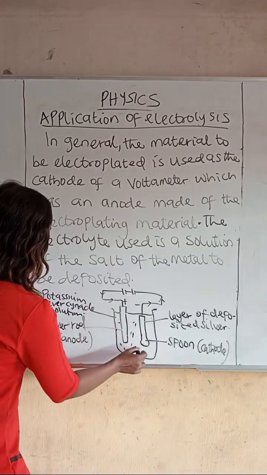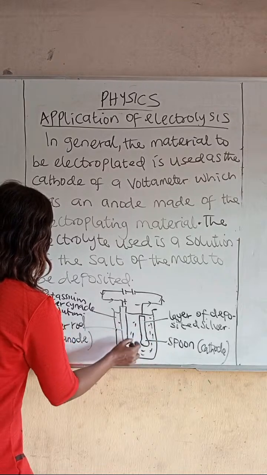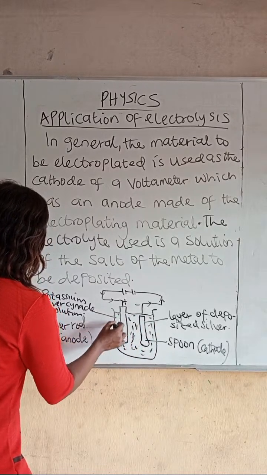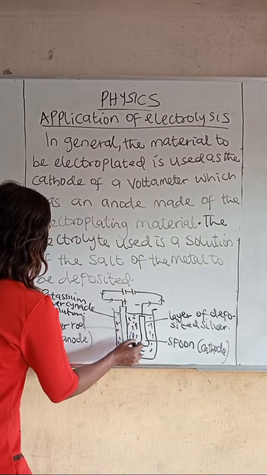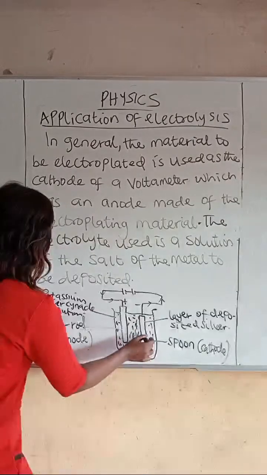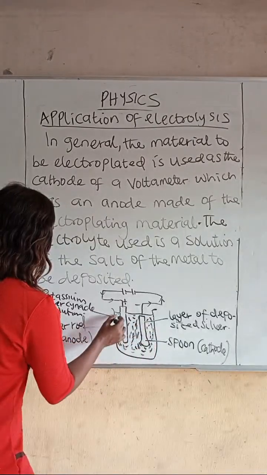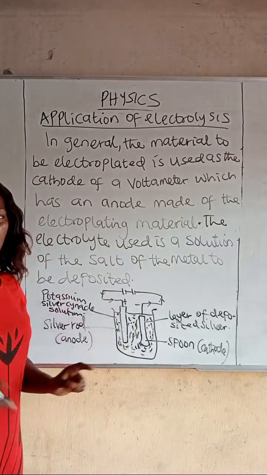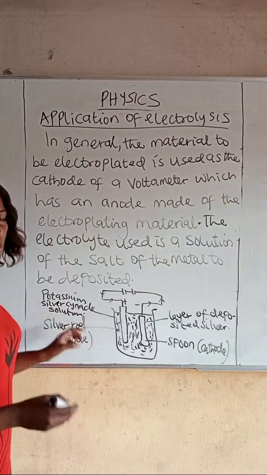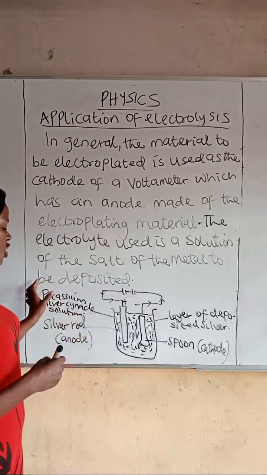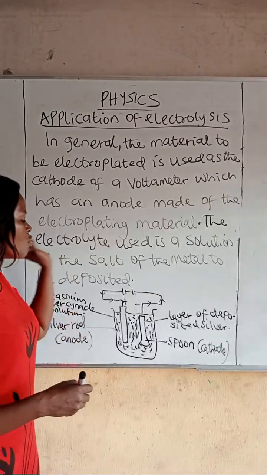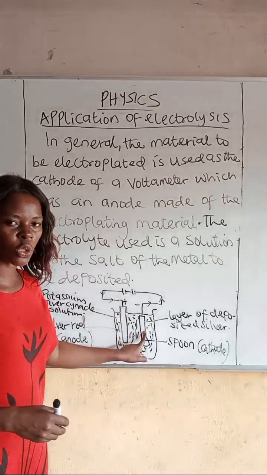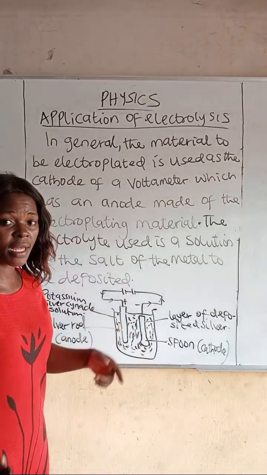Of potassium silver. So with this, as it is being deposited, all the silver will now go to the what? To the spoon. Because during electrolysis, it's going to dissociate into ions, and the one that will move to this cathode is going to coat this spoon, because the spoon is already the cathode.